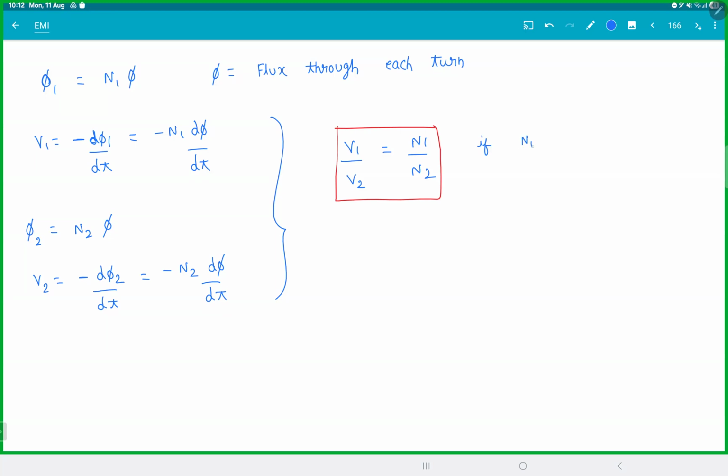If N1 is greater than N2, then we get V1 greater than V2. This is called step down transformer, meaning you can make higher voltage go into lower voltage. If N1 is less than N2, then V1 is less than V2. So the output will be bigger than the input. This is called step up transformer. And similarly, the energy is conserved, assuming 100% efficiency.